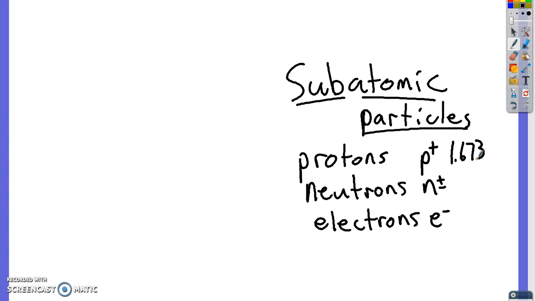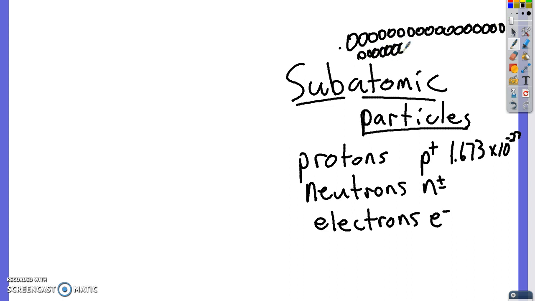And so it's 1.673 times 10 to the -27th. This would be 0.000 and so on, 26 zeros, then 1673 grams. Now, that is a very, very small number.